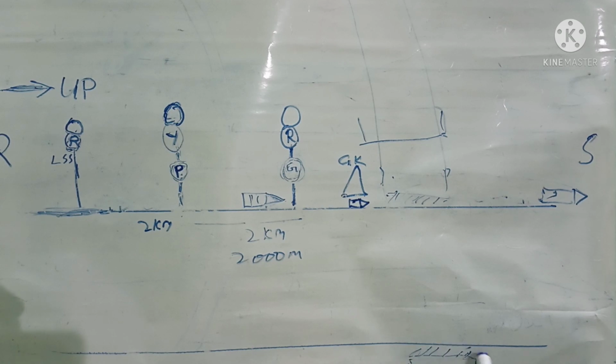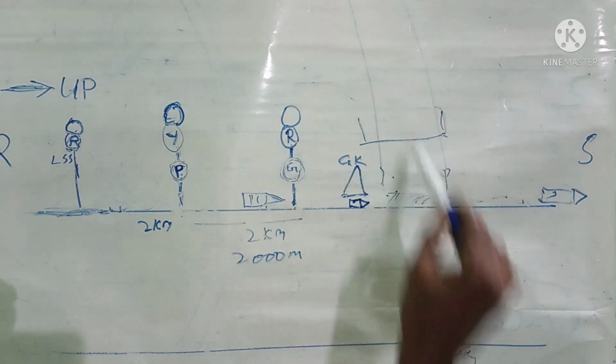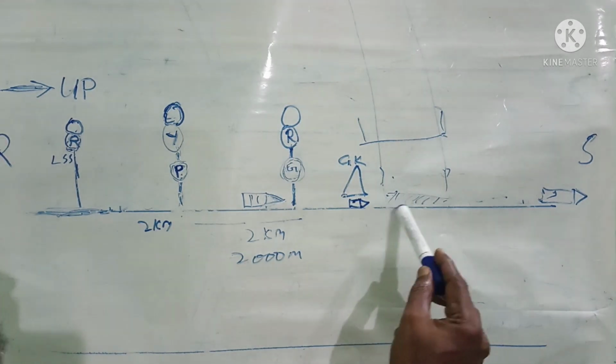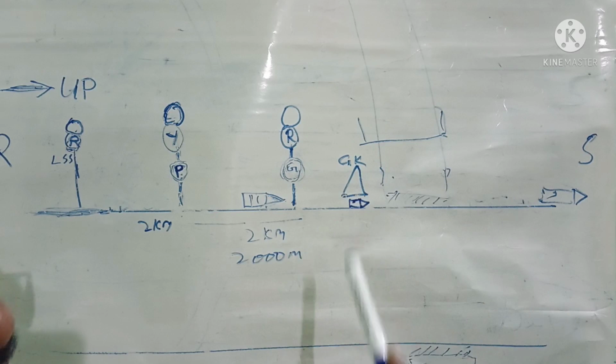Also, after putting the chain across, he must hang a stop board at the center of this chain, so that the road traffic will see this stop board and stop. Thus he must stop the road traffic on either side. Thereafter he must hand signal the loco pilot to pass the gate.